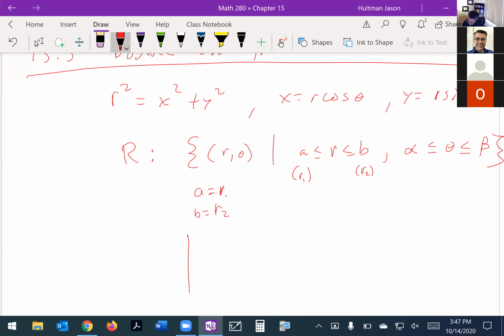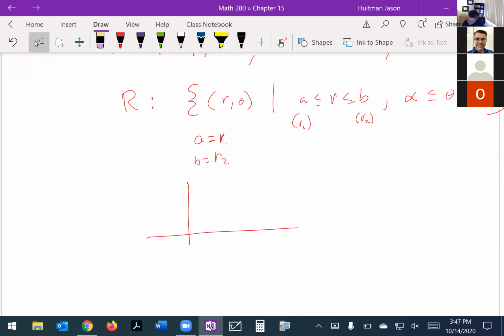So if we look at our polar graph, here's a vector on my polar graph, and I'm going to call that r1. So this goes out r1. And then I'm going to have another vector on the polar graph, and that goes out r2.